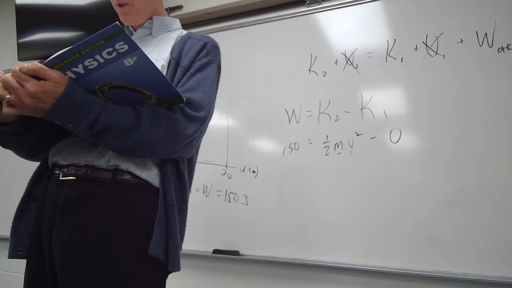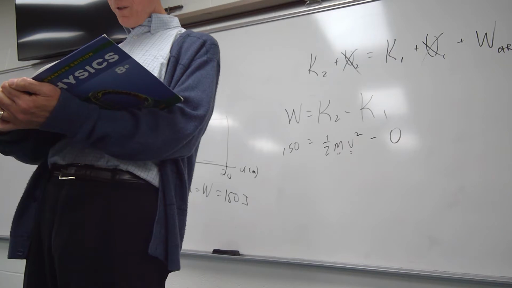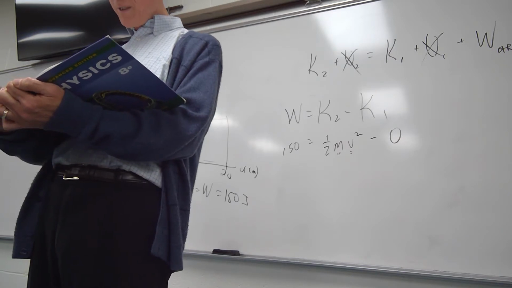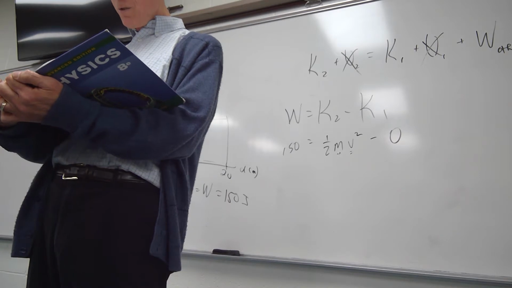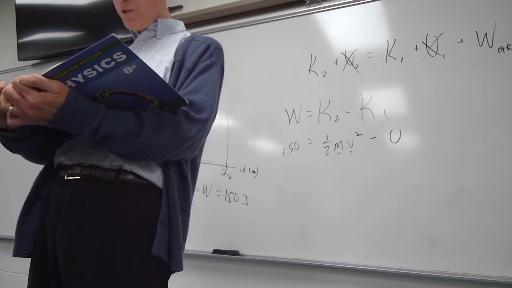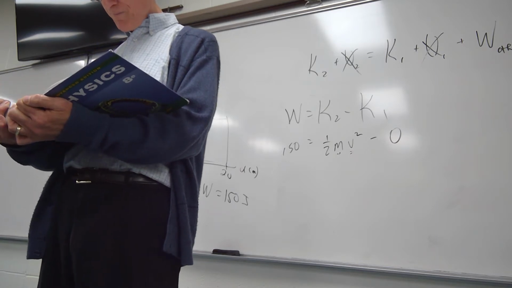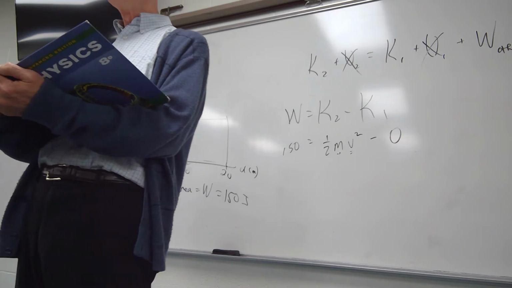All right, look at number 2. Consider the force F shown in the drawing. This force acts on an object that can move along the positive or negative x-axis or along the positive or negative y-axis. The work done by this force is positive when the displacement of the object is along the what axis? How'd you answer that, Zoe?